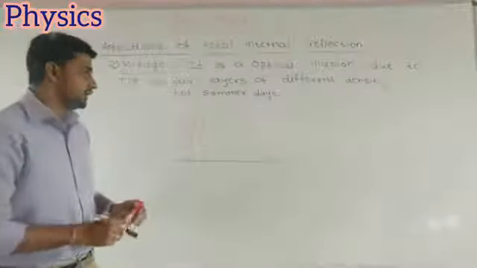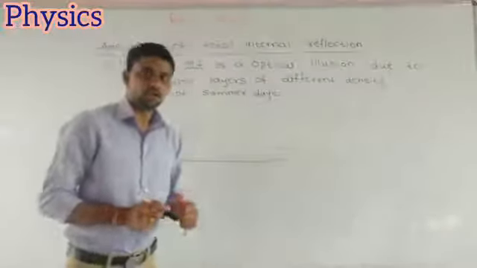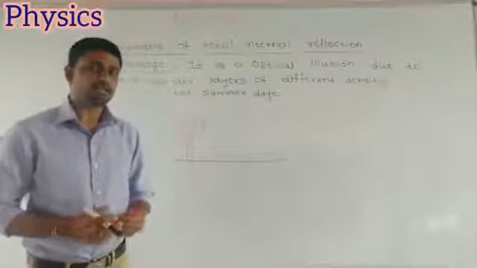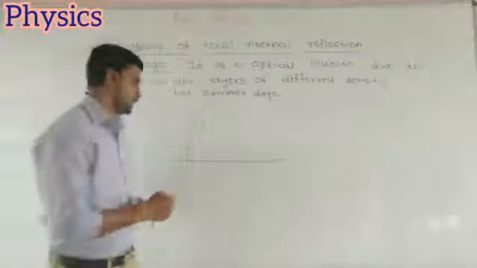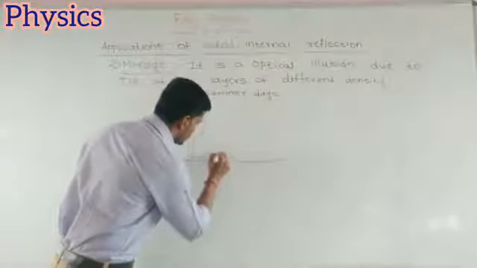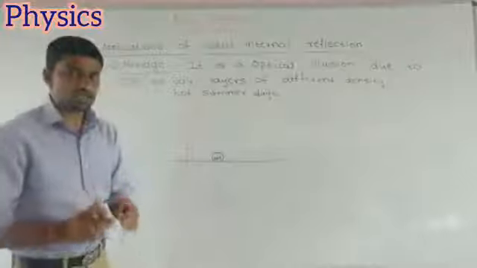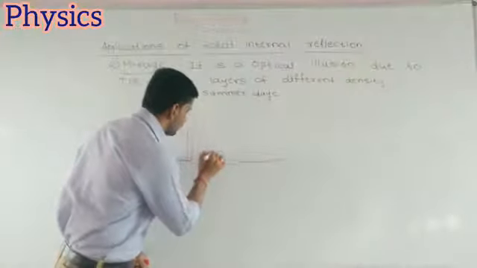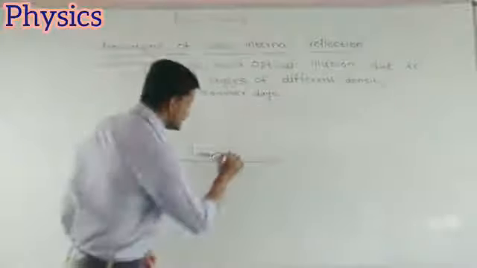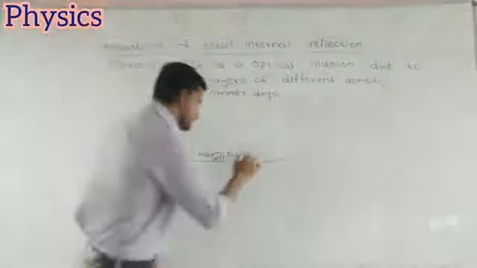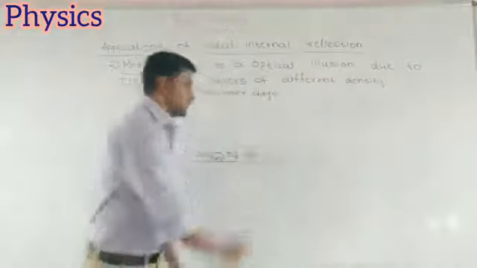So the air layer near the ground is less dense, and it has a lower refractive index. This is the hotter layer of air, where density is less and refractive index is also less.